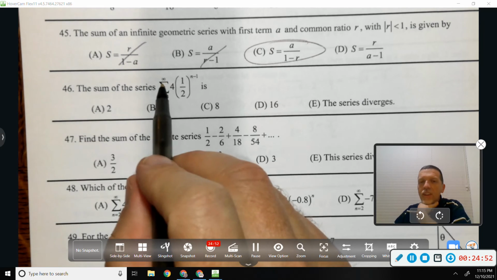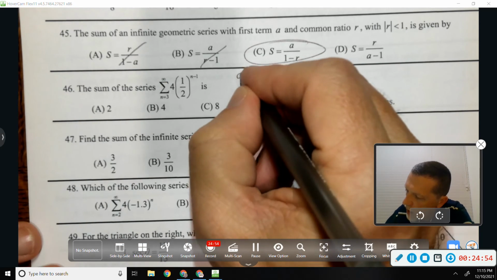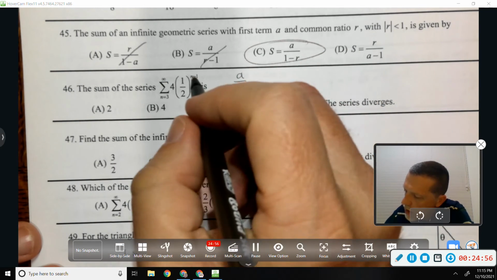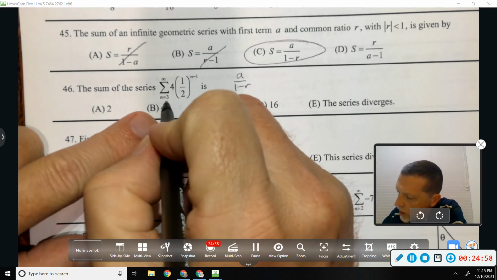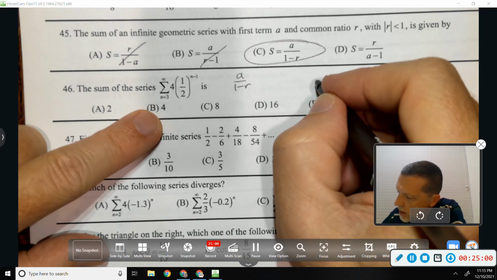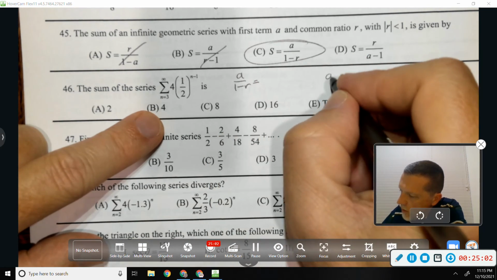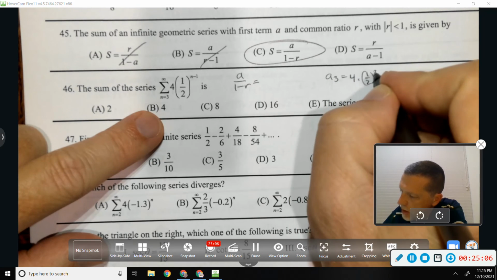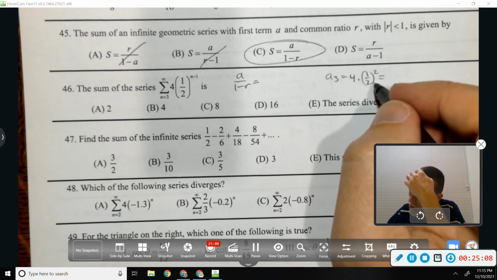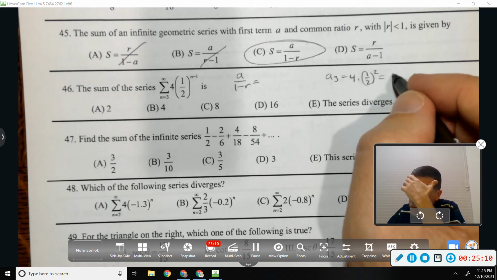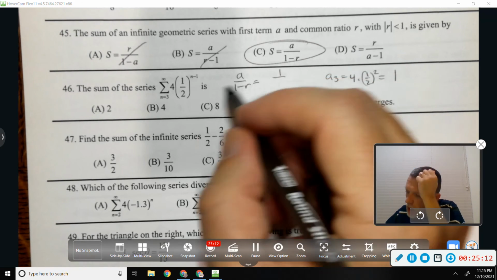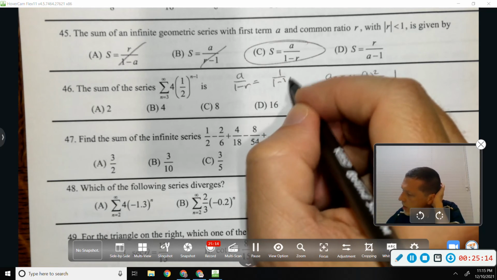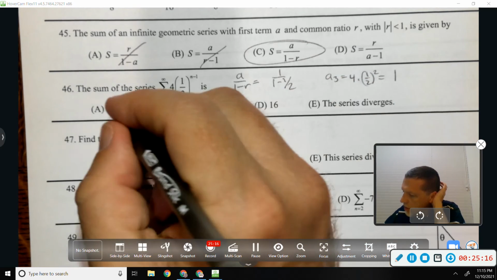Let's see, it's infinite, so it would definitely need to be a over 1 minus r. First term would happen when we plug 3 in. So that's 4 times 1/2 squared. 1/2 squared is 1/4 times 4 is 1. And the common ratio is 1/2. So that's going to be 2.